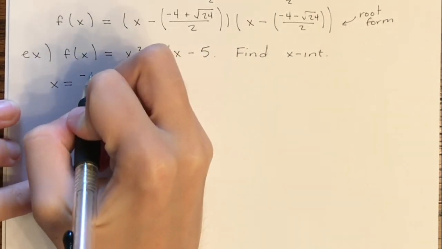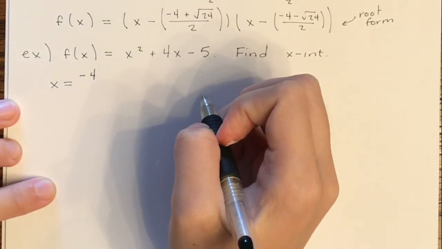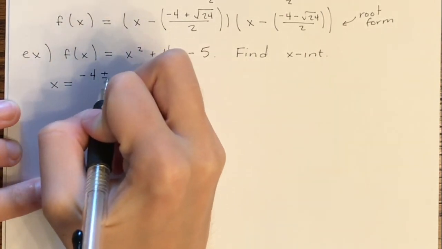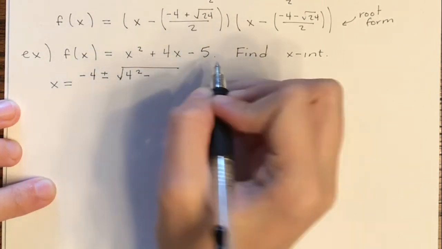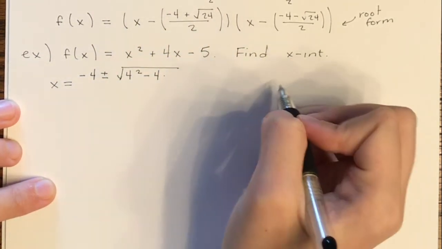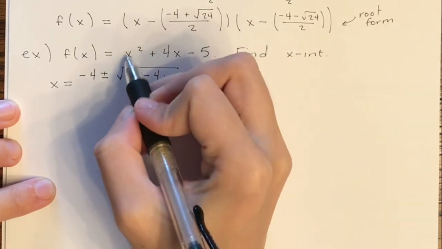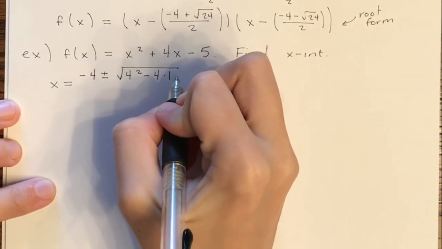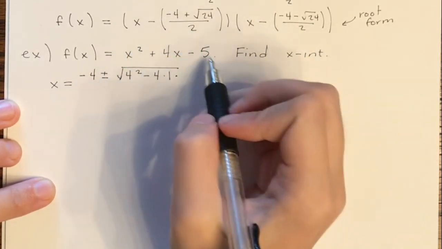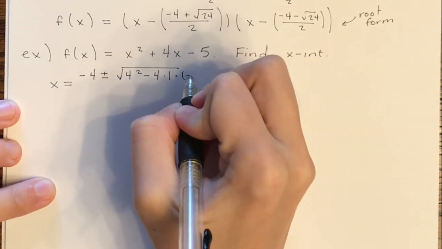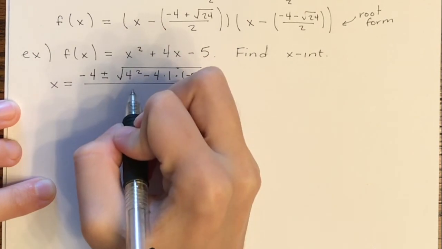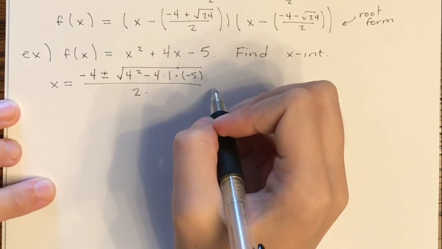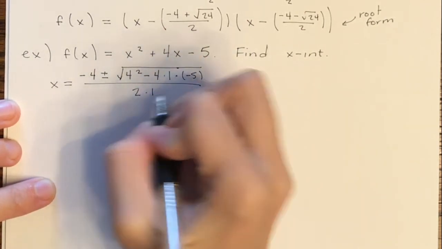B is 4 here, plus or minus the square root of 4 squared minus 4 times a, which is 1, times c, which is negative 5, all divided by 2 times 1.